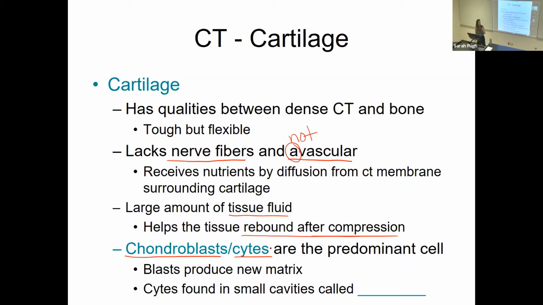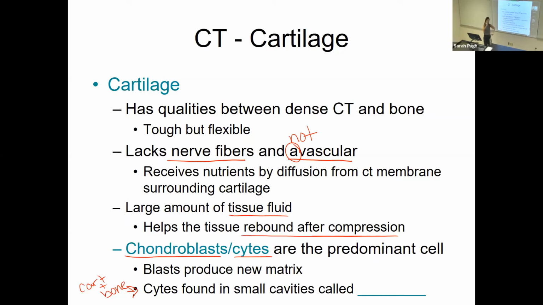Now, one thing I want to point out that's different with very tough tissues like cartilage and bone, is that because these tissues are more tough, a lot of times what'll happen is like a chondroblast, a little cell, it will make the cartilage.